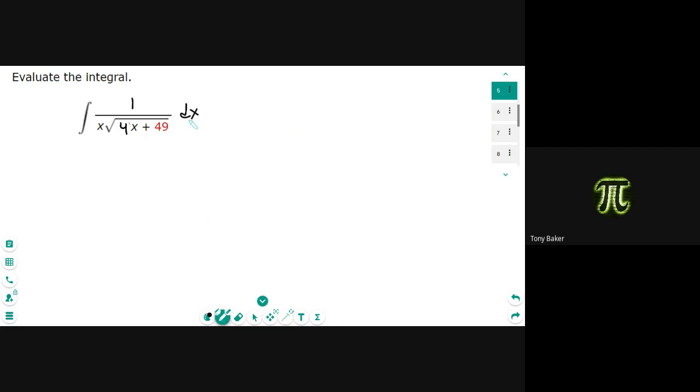I just wrote it that way. You can write the dx on top too. And we can't just. Yeah, we can. The square root has to stay.